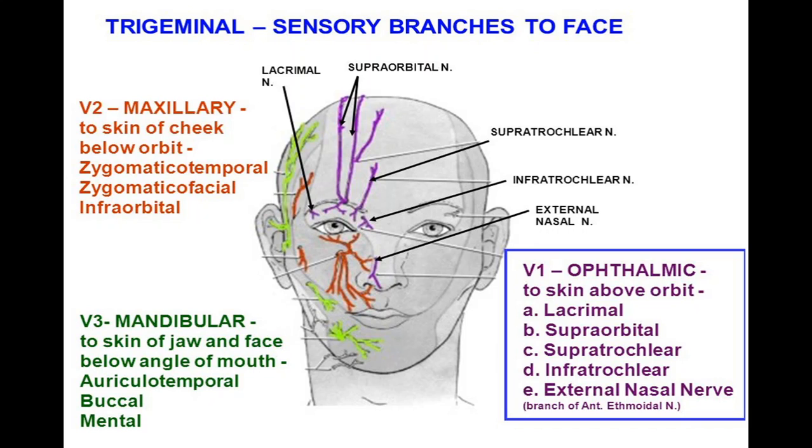To be specific, these sensory inputs, that is pain, touch, temperature, pressure, vibration, and proprioception, come from the face, the anterior part of the scalp, then the eye, including all parts of the eye except the retina, the nose, nasal cavity, the mouth, the oral cavity, including the gums, teeth, the anterior two-thirds of the tongue, the paranasal air sinuses, and the temporomandibular joint.